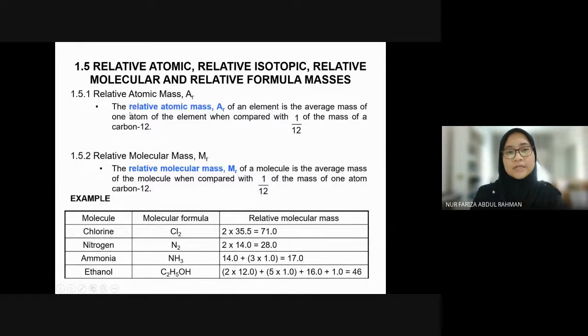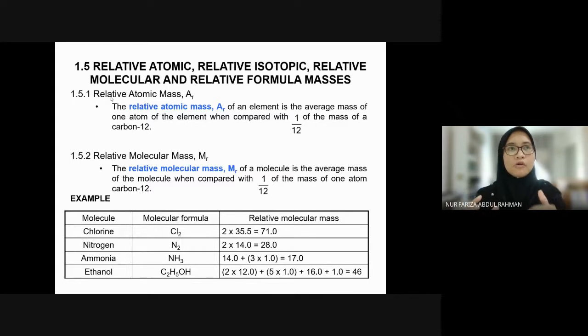Okay, all right. So for relative atomic mass, the word atomic is focusing on the atom of the element, the mass of the atom of the element. So we are comparing the mass with carbon-12. The word relative means you are comparing something with a reference.